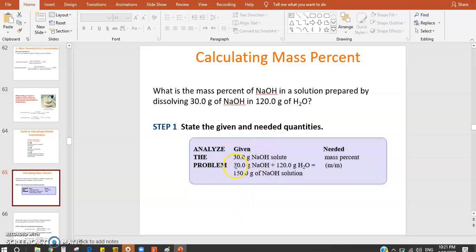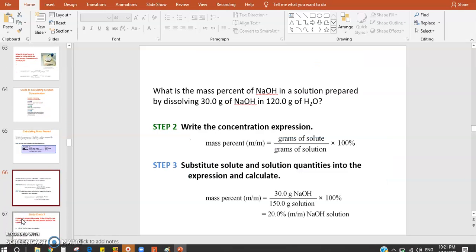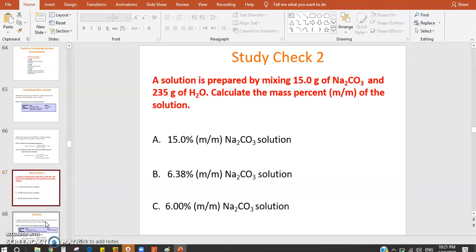When you add 30 plus 120, you get the grams of the whole solution, which is 150. You divide 30 by 150 times 100, and you get 20%. And this is the mass percent of the solution.